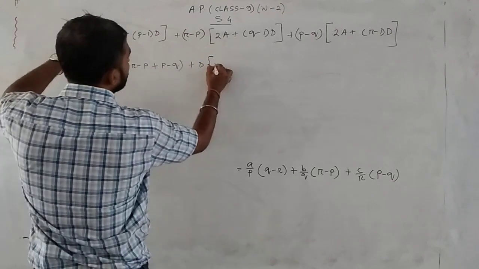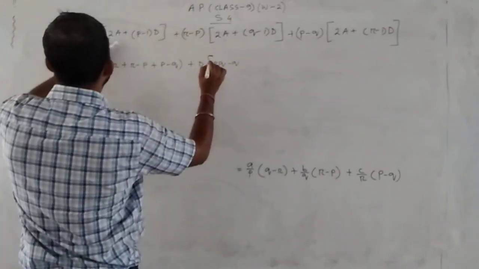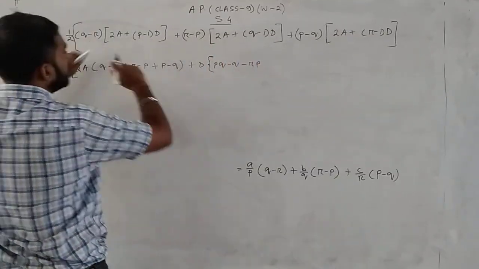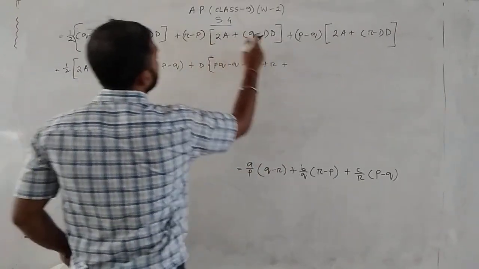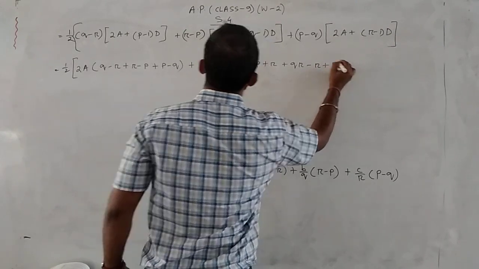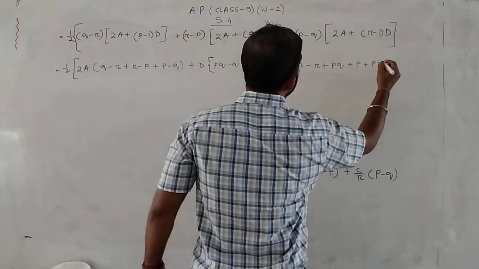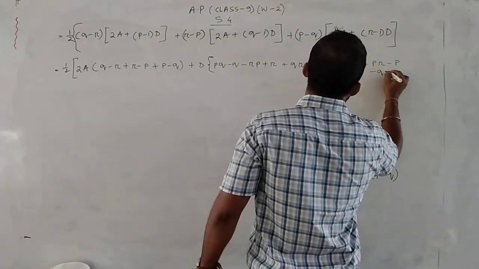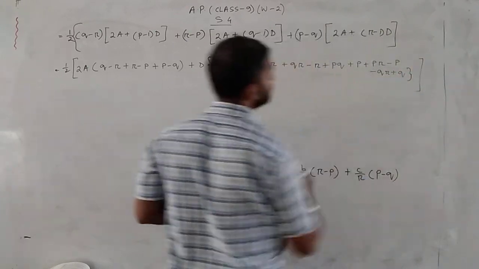P into Q, PQ, Q into 1, Q, minus R into P, minus RP, minus R into 1, plus R, plus QR minus R plus PQ plus P plus PR minus P minus QR plus Q. Got it?